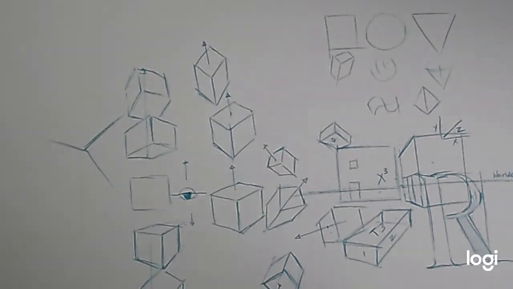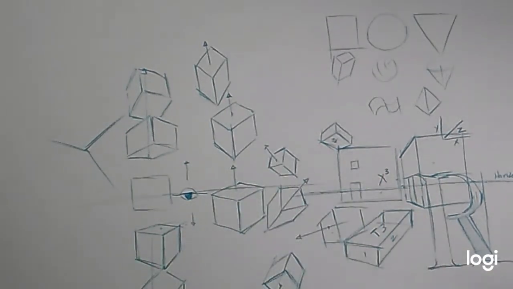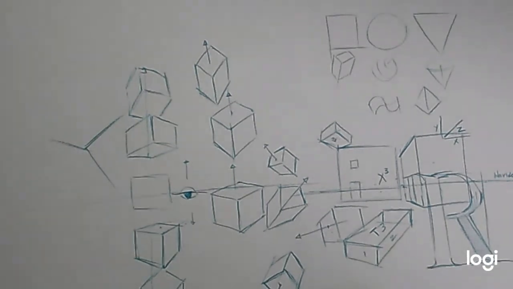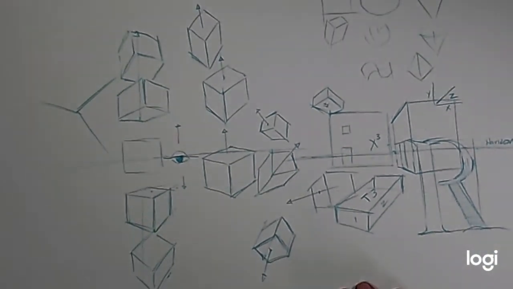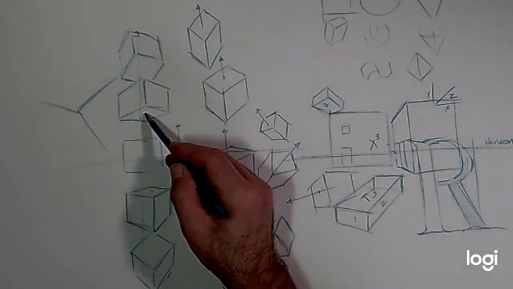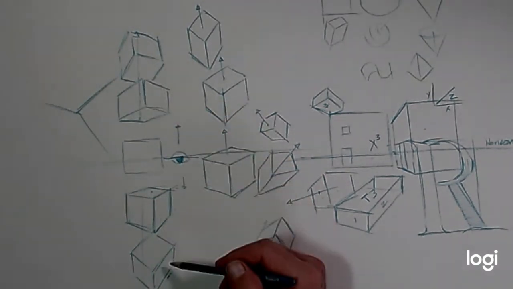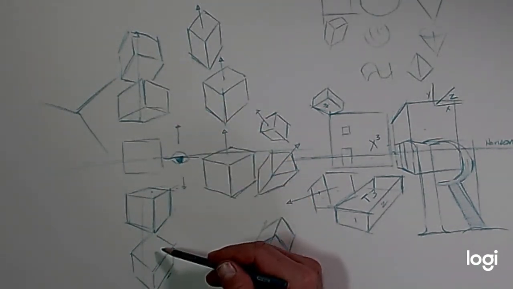Notice while things are closer to the horizon line, here's my horizon line, we see less of the top and less of the bottom. As they get further away from eye level, we're looking more and more down or up at them. Like see here, we're looking way down at it.